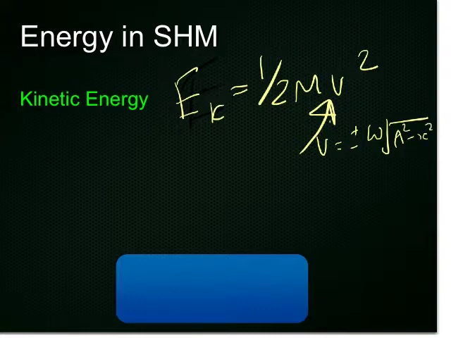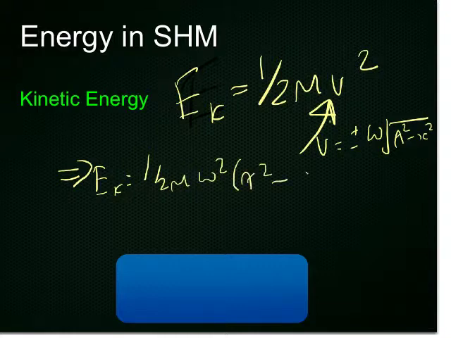Now, if we substitute that in, you then get EK equals half m omega squared (a squared minus x squared). So we could put that in as our formula. When does kinetic energy max occur?